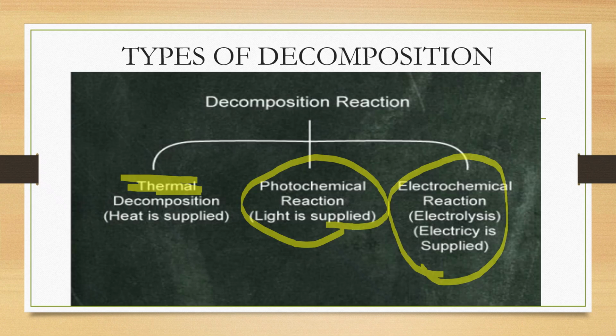Photo means light, so whenever there is light present in a reaction and the substance decomposes, this is known as photolytic decomposition reaction or photochemical reaction. Whenever a reaction occurs in the presence of electricity, this is known as electrochemical reaction. So these are the types of decomposition reaction.